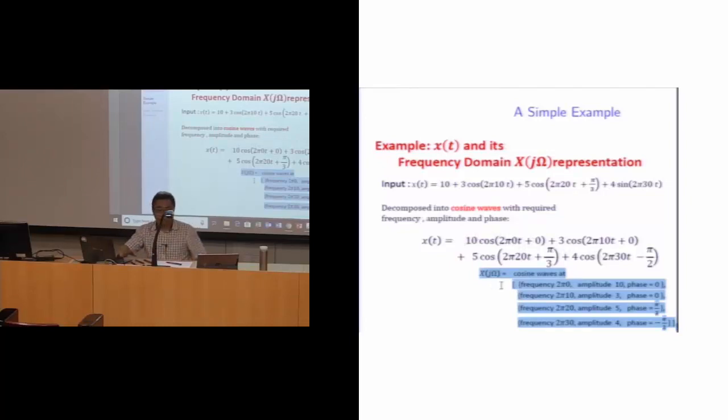So in this blue highlighted region, I show you that the frequency representation of my original signal is nothing but saying that there are 4 cosine waves at all these frequencies with this amplitude and this phase. Once we understand this, we can sketch the frequency domain representation.